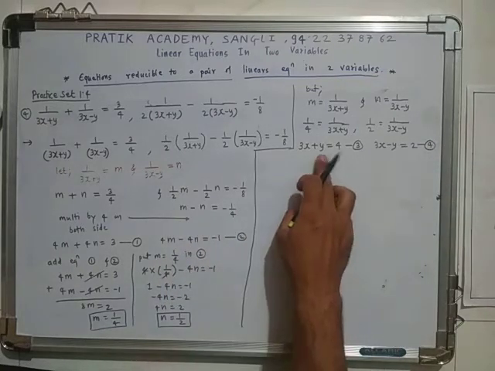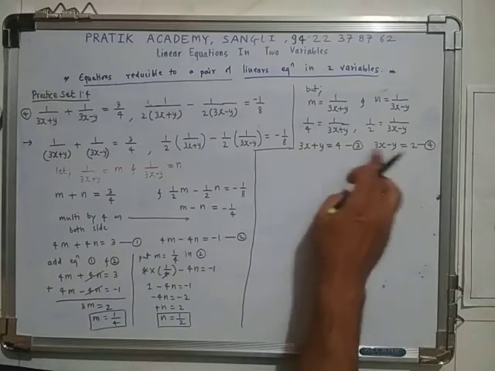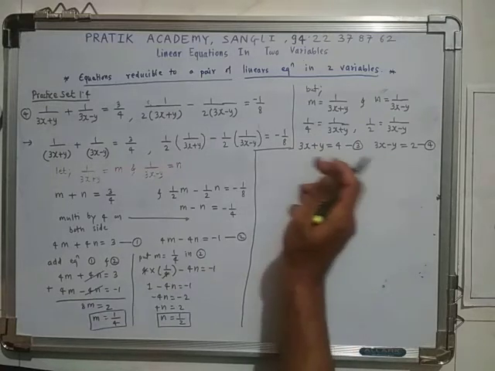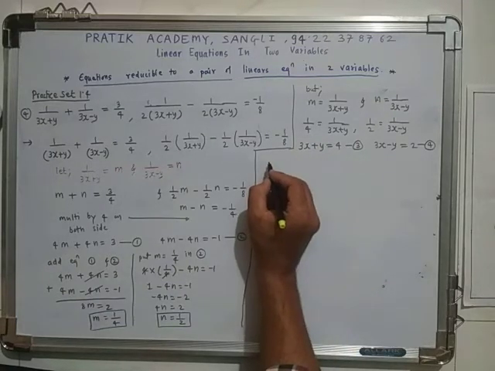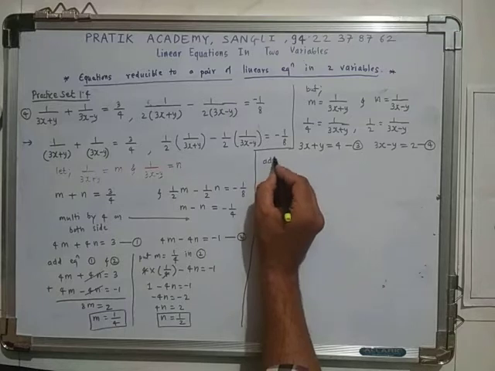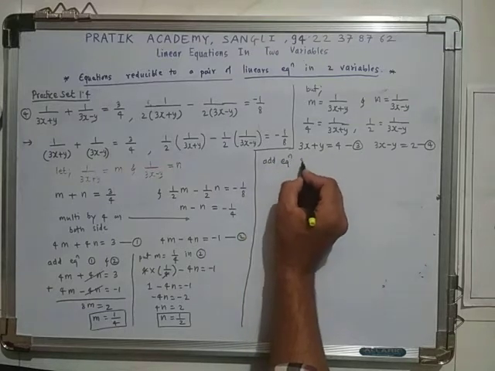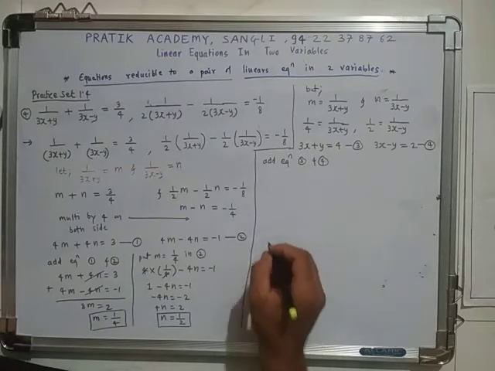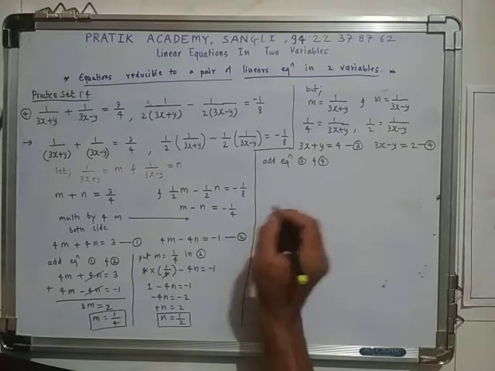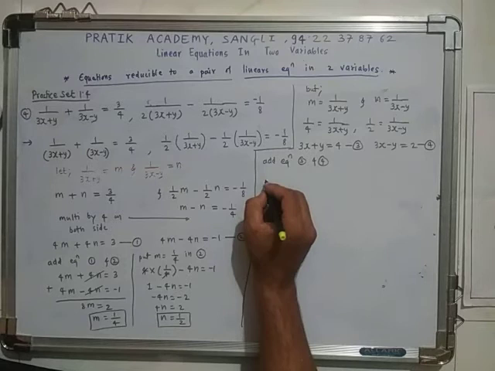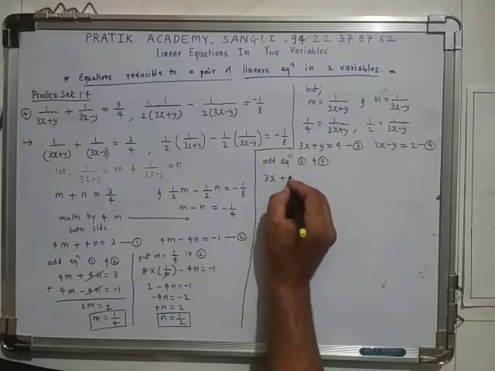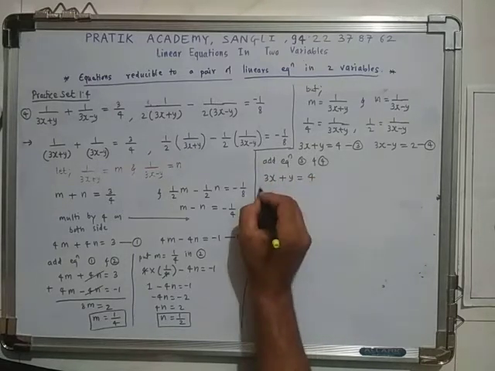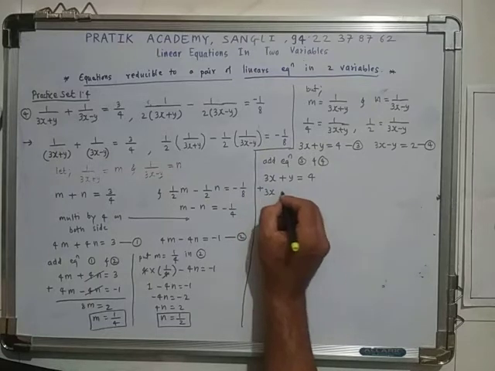If we look at y, the coefficients are the same but the signs are different. Therefore we will go with addition. So add equations 3 and 4. What will happen after addition? 3x plus y is equal to 4, plus 3x minus y is equal to 2.